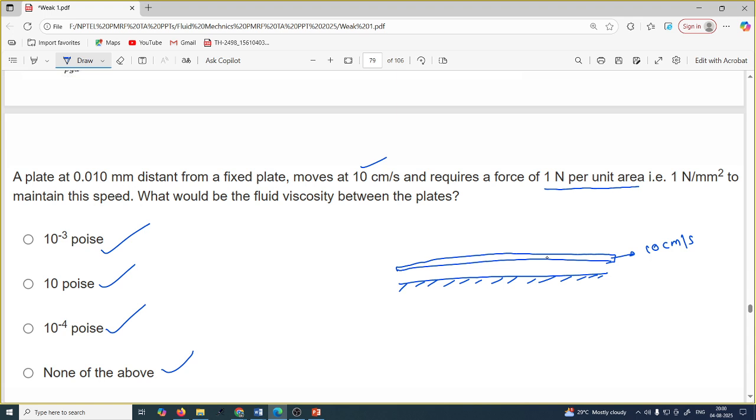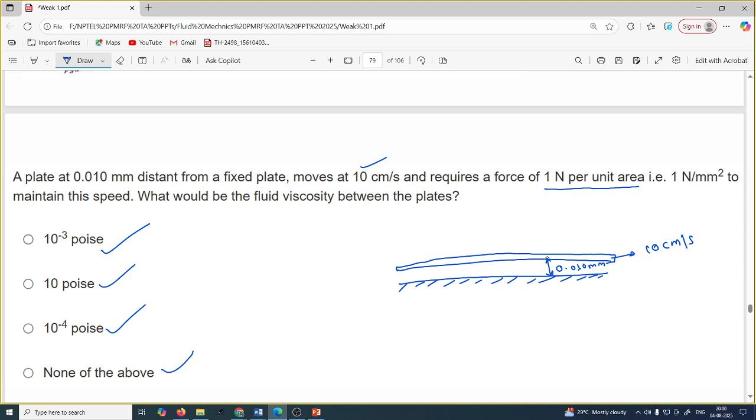One thing is also given: the distance is very small, as you can see here, 0.010 mm. Remember please, mm is given here, not meter. That is very small. I think it should be meter, but I don't know.